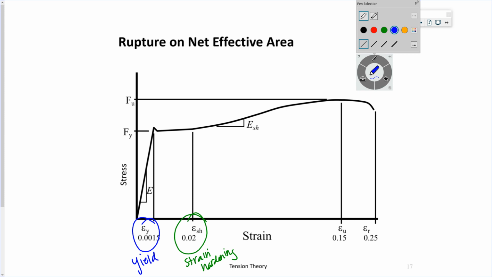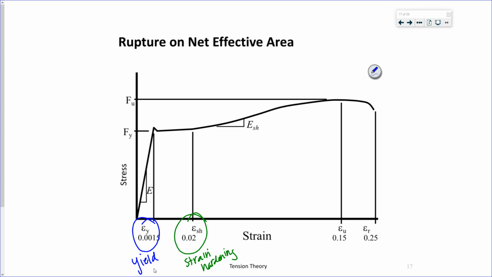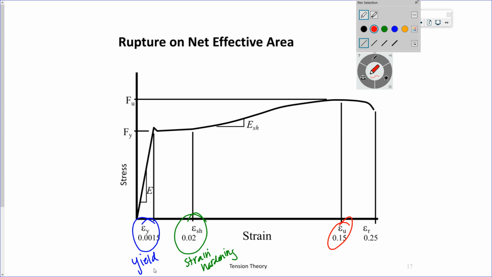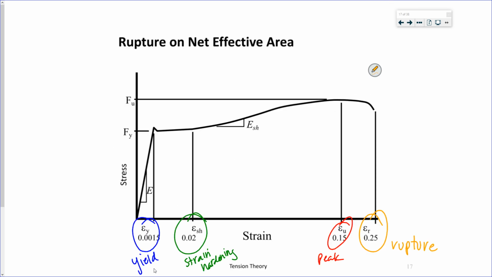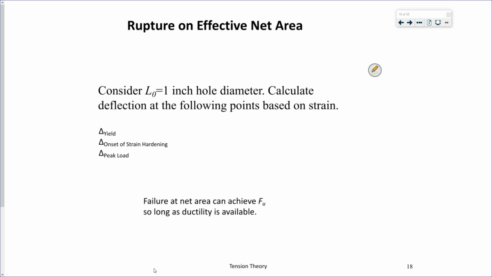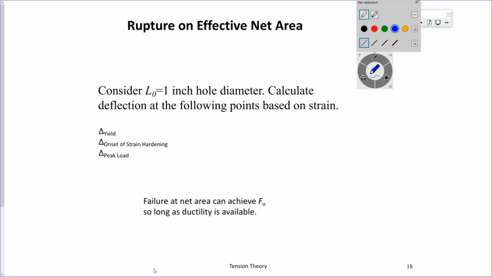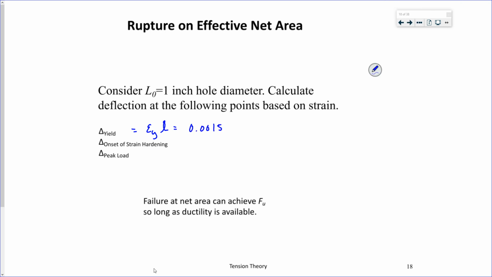So go ahead and calculate the elongation associated with these for inches.